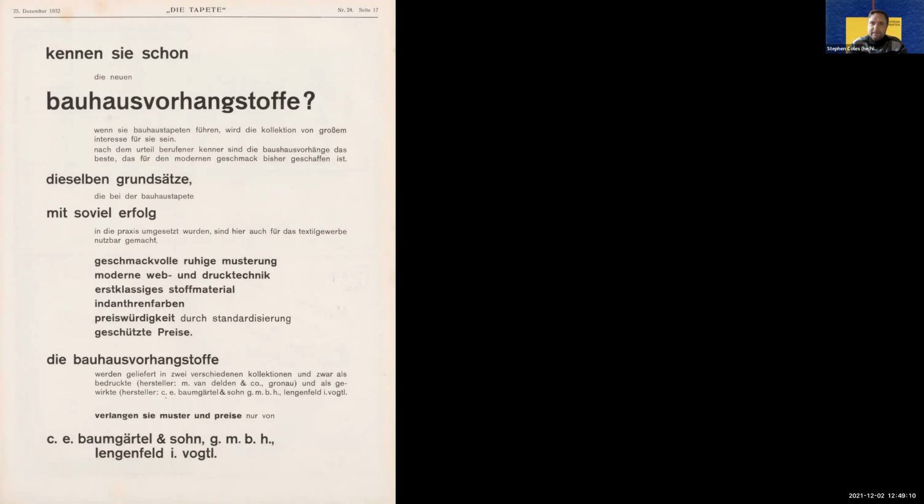So this is not an official Bauhaus advertisement, but it is a distributor of the Bauhaus wallpaper, advertising in a very typical Bauhaus style, with all lowercase, the asymmetrical layout, and using a typeface called Venus, which was another popular grotesque used at the school.